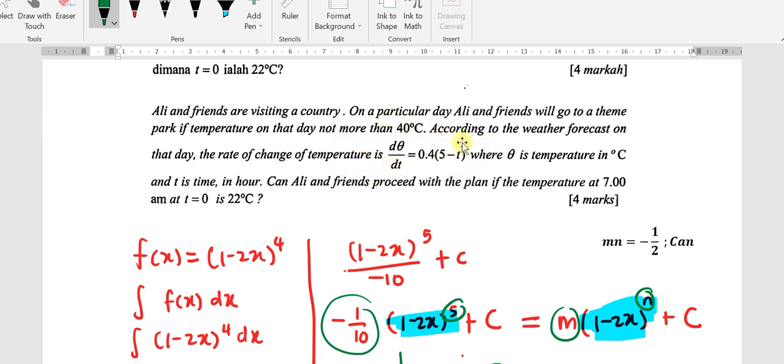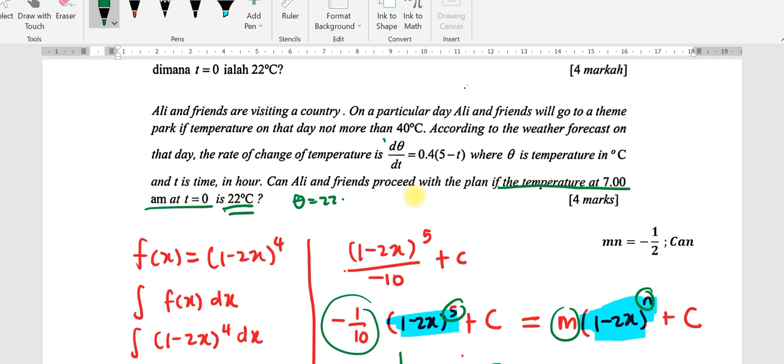You need to find the temperature, the theta, so maybe that can solve this. And then you substitute t equal to 0. They already tell us the temperature at 7 a.m., t equal to 0, is 22 degrees Celsius. But do we have a temperature function? No.